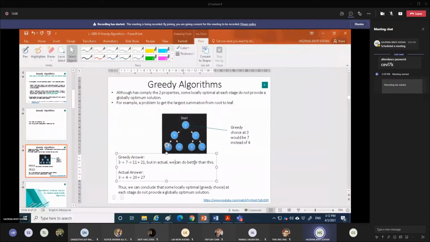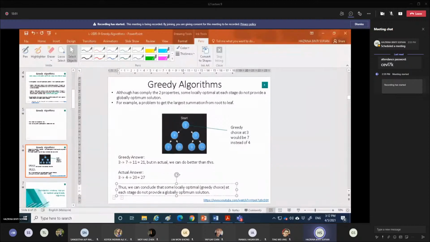But in actual fact, we can do better than this, because instead of going to 7, we go to 4. So 3 plus 4 is 7, 7 plus 20 is 27. See? In this case, the choice is the optimal solution locally, but globally we will not get the optimized result, which in this case is the maximum.